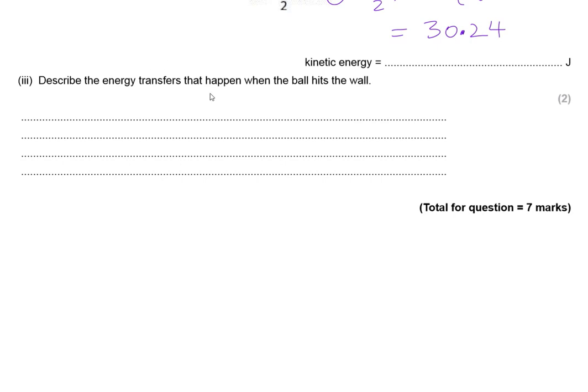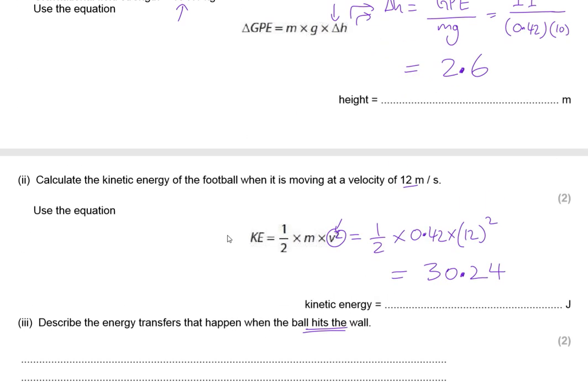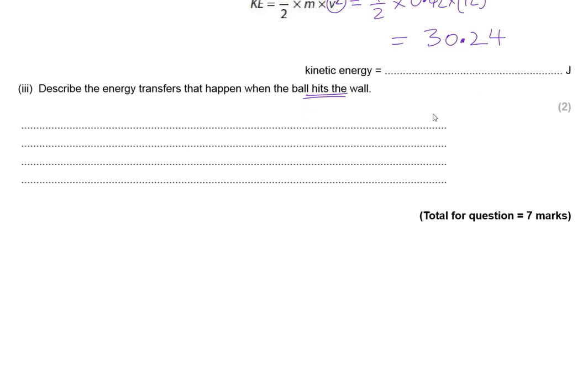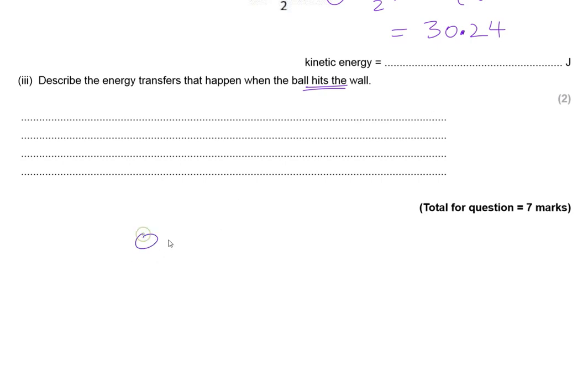Alright, describe how the energy transfers happen when the ball hits the wall. First of all, let's take a look at what we got. Calculate the kinetic energy as the ball is moving at speed. So the ball is moving, and then we have the wall. If the ball is moving, so what do we have?